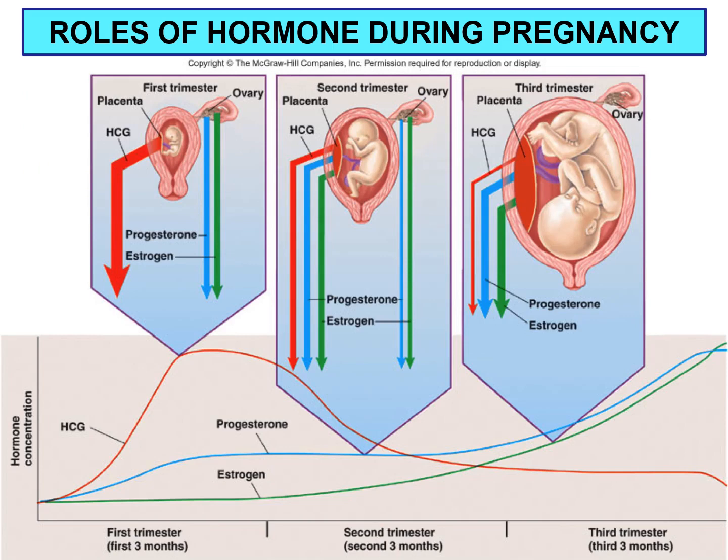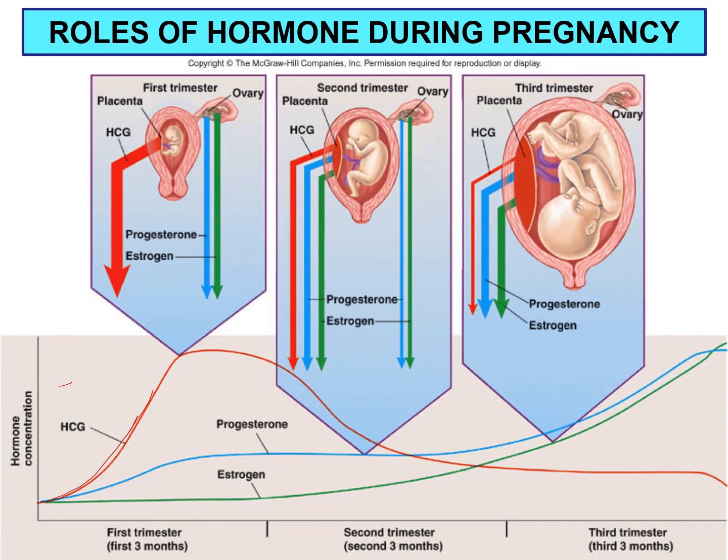This diagram shows the concentration of three hormones during pregnancy. The first hormone is HCG, which rises rapidly during the first trimester, the first 3 months of pregnancy. So the concentration of HCG increases, secreted by the trophoblast.